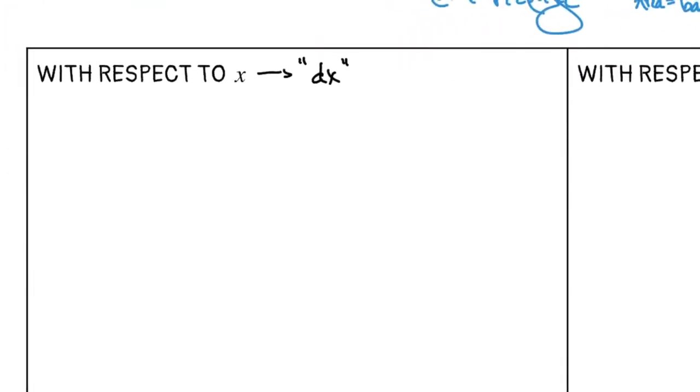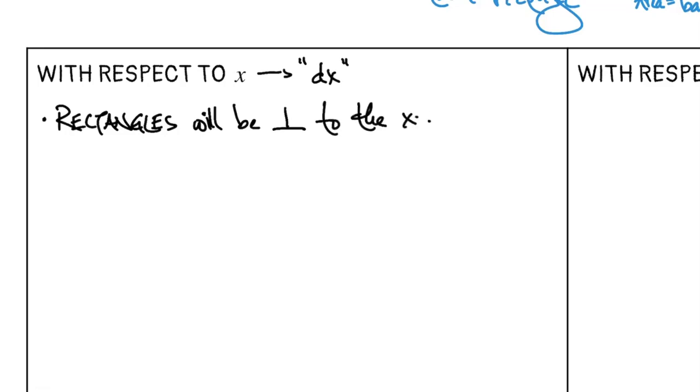So a few important things to maybe write down about dx. Rectangles in this situation will be, I'm going to use that symbol. Anybody remember what that symbol means? Perpendicular. So rectangles will be perpendicular to the x-axis.